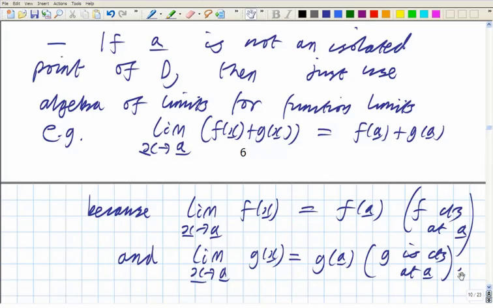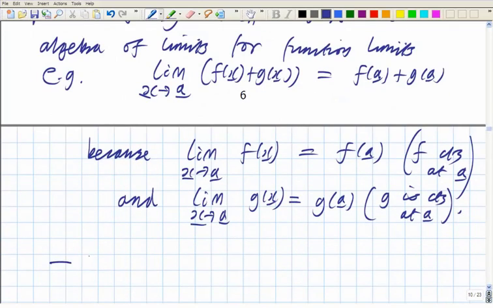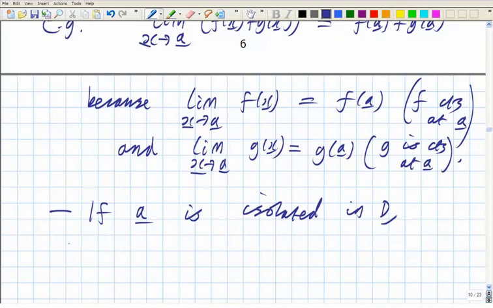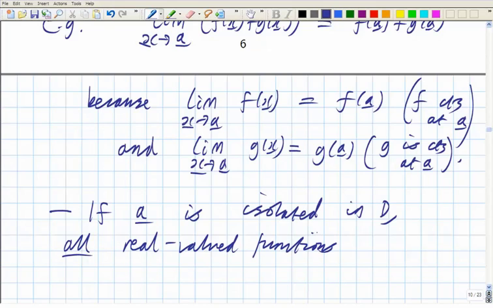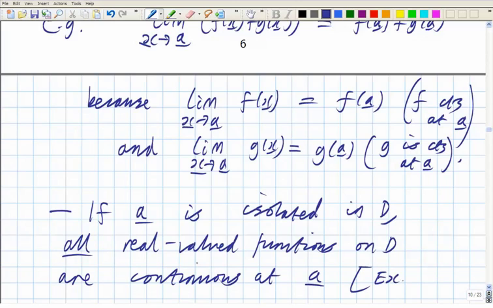If A is isolated, well, then all real-valued functions on D are continuous at A anyway, so there's nothing to prove. You can check that bit.